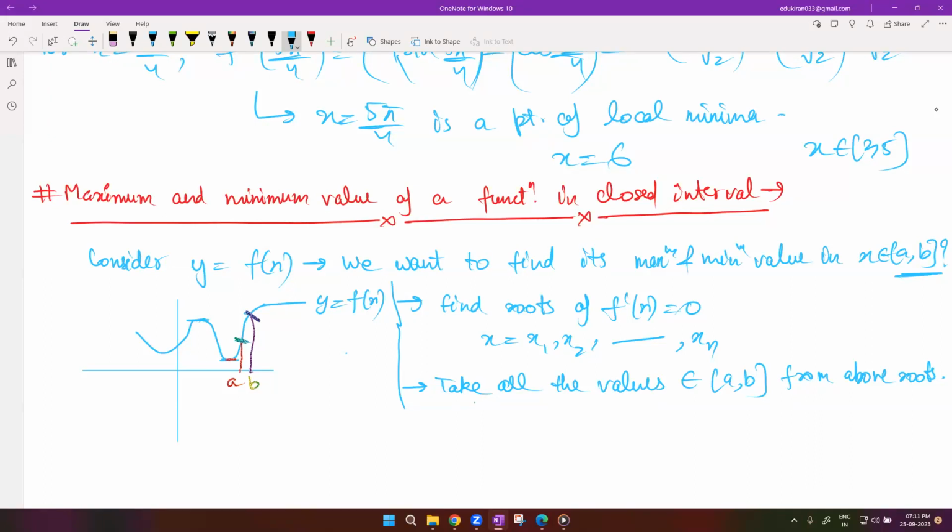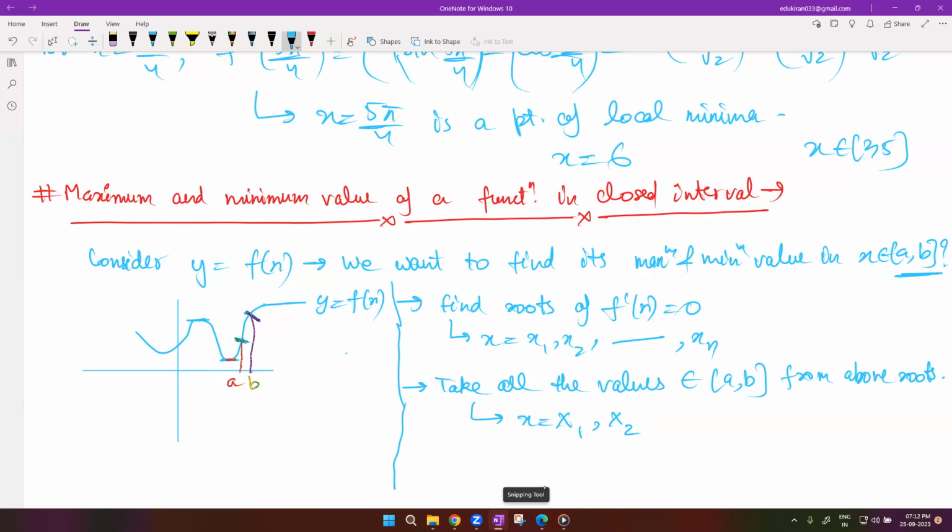Now let's say these values are capital X1 and capital X2. Let's say out of these small x1, small x2 up to small xn, there are two values which satisfy this criteria, that is, two values which lie between a to b. And let's say these values are x equals x1 and x equals x2.